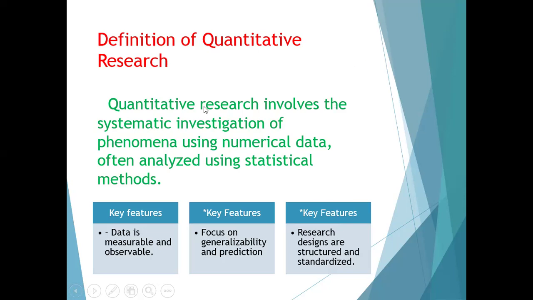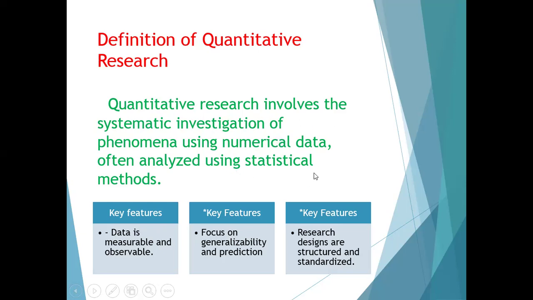Okay, sorry. Quantitative research involves a systematic investigation of the phenomena using numerical data, often analyzed using a statistical method. Key features, okay? So when you use quantitative methodology, this is a systematic investigation of a phenomenon, mainly using numerical data, okay?